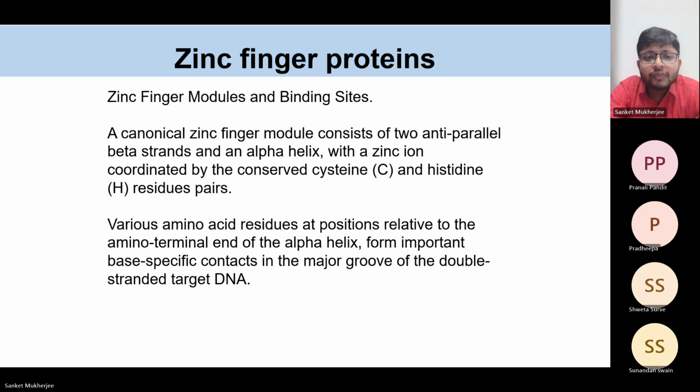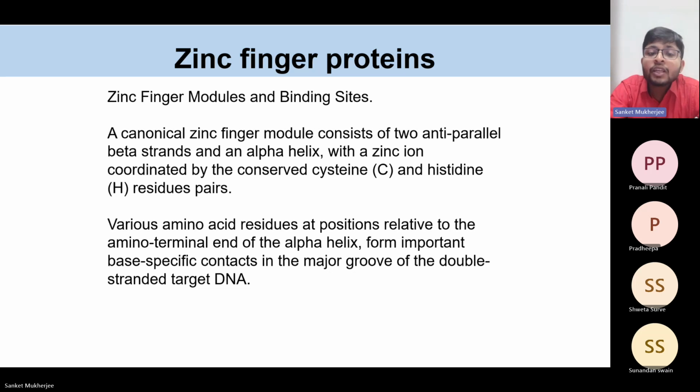Regarding zinc finger modules and binding site, a canonical zinc finger module consists of two antiparallel beta strands and an alpha helix with a zinc ion, which is coordinated by conserved cysteine and histidine residue pairs. We have already discussed it. Various amino acid residues at positions relative to the amino terminal end of the alpha helix form important base-specific contacts in the major groove of the double-stranded DNA.